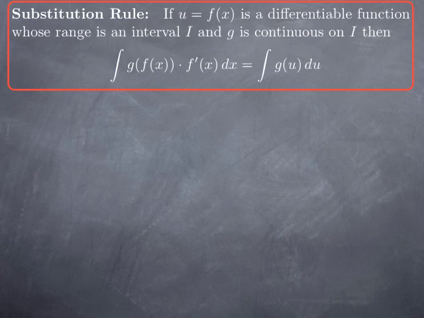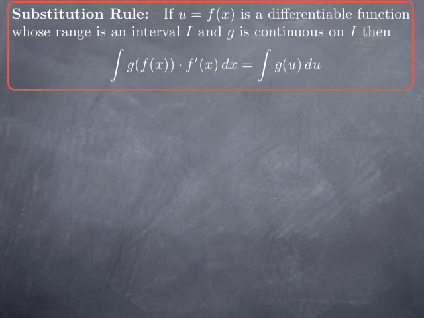Because of the Fundamental Theorem of Calculus, we know that under the assumption that the function we integrate is continuous on the interval of integration, all we need is an antiderivative of that function. Therefore, we expect this substitution rule to apply to definite integrals, at least in the case where the function we integrate is continuous on the interval.